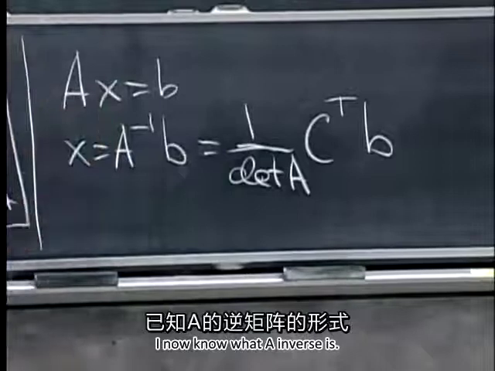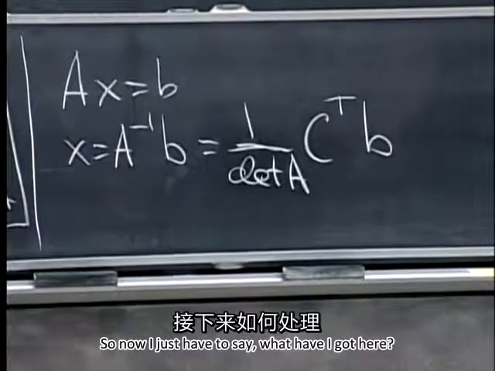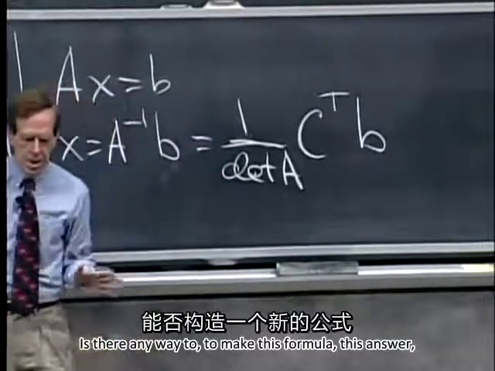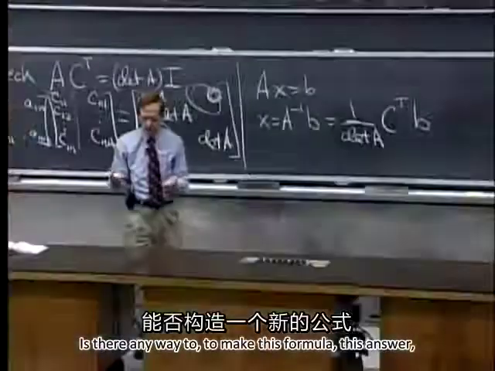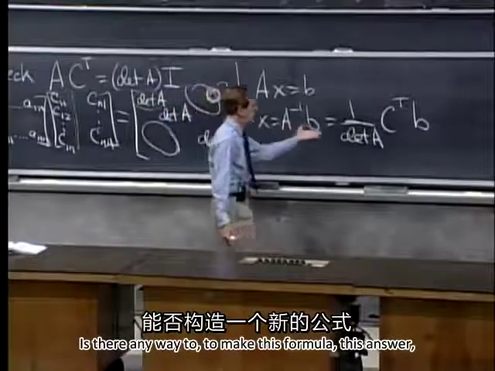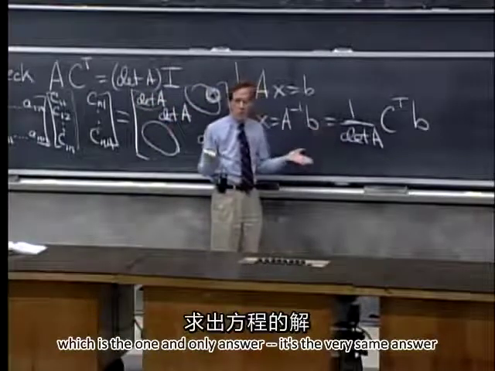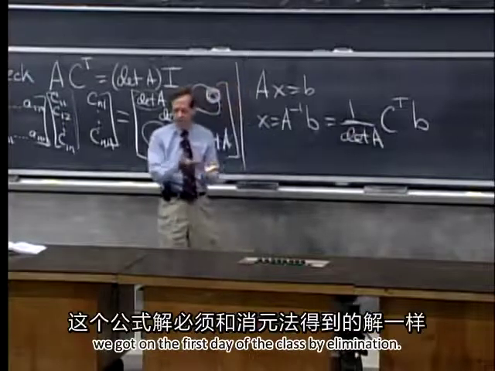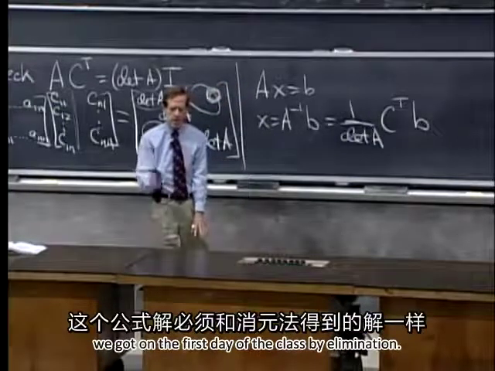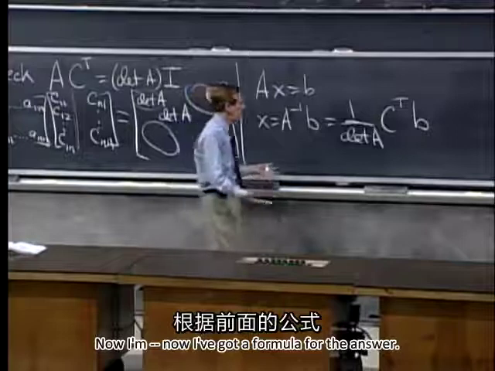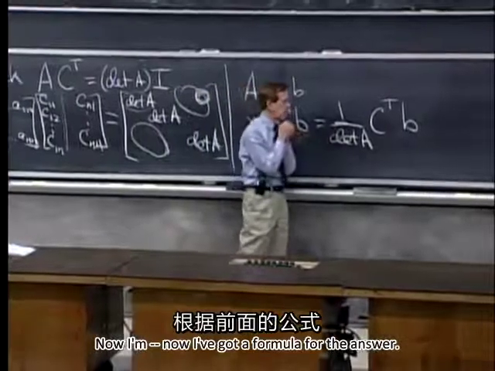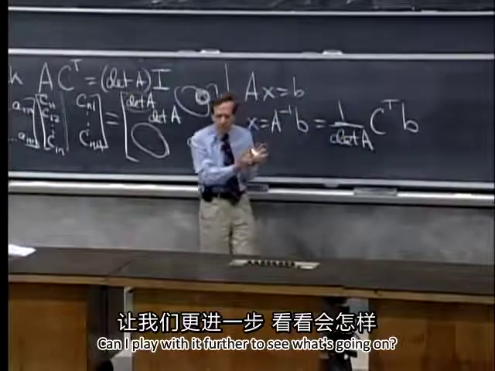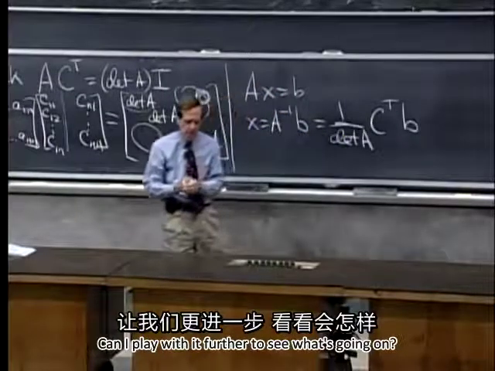I now know what A inverse is. Is there any way to play with this answer, which is the one and only answer, the very same answer we got on the first day of the class by elimination? Now I've got a formula for it. Can I play with it further to see what's going on?